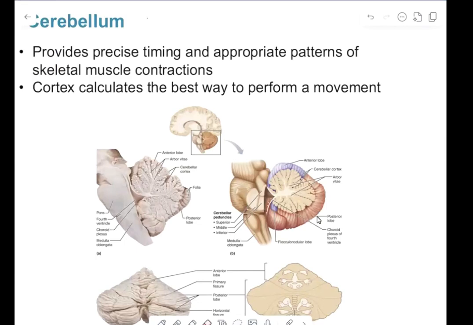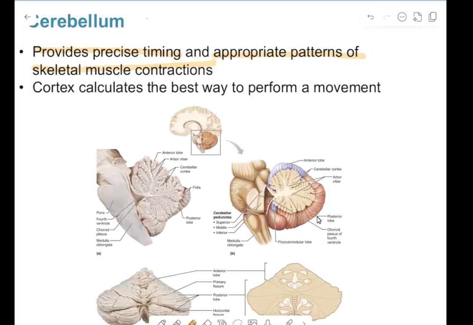The cerebellum's job is that it provides precise timing and appropriate patterns of skeletal muscle contraction. It's about 11% of the brain mass, so it's fairly significant.